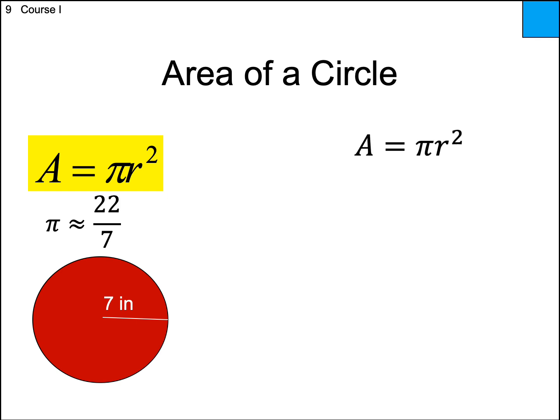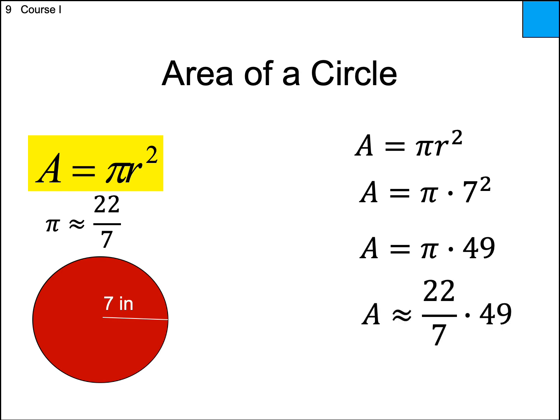Okay, so if I'm forced to use 22/7 as pi, well, step number 1, plug in the radius. That's not 7 times 2, that's 7 times 7. 7 times 7 is 49. We good up to here? Now they're telling you they want you to use 22/7. So when I plug in that for pi, well, to multiply with fractions, they both have to be fractions, so you put 49 over 1.